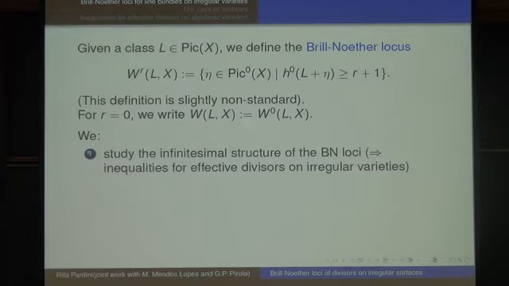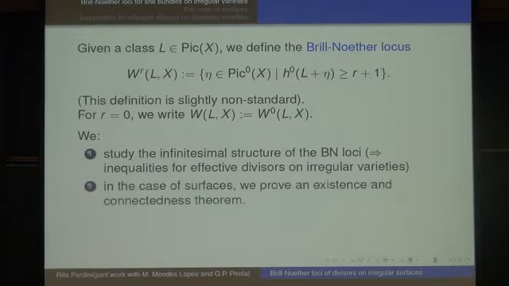Okay, so we did a little study of the infinitesimal structure of these loci, similar to that in the case of curves, and we have some existence and connectedness results in the case of surfaces. And I will reverse the order here, and I will tell you about number two first, the surface case.